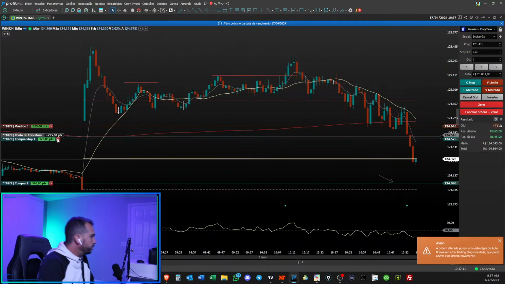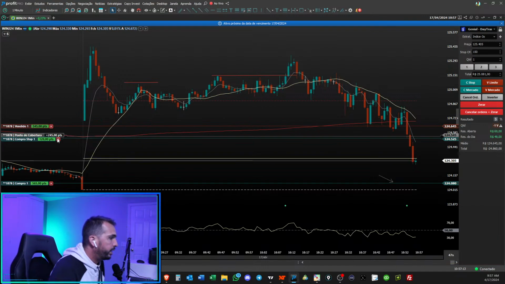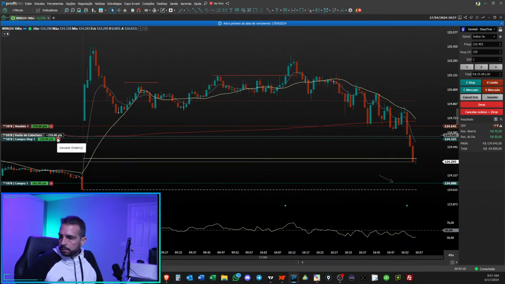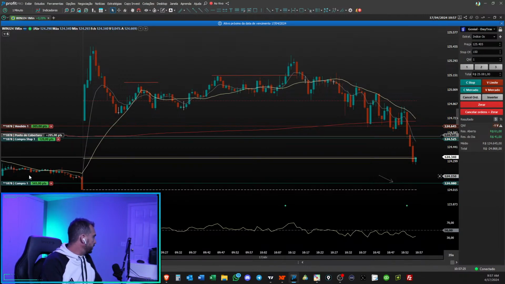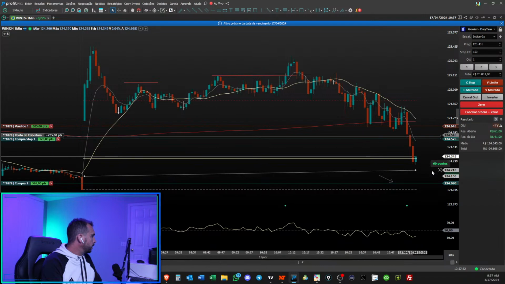It's a break-even day trade anyway. It kind of closed the gap already, right? The gap is right here. Almost closed the gap.